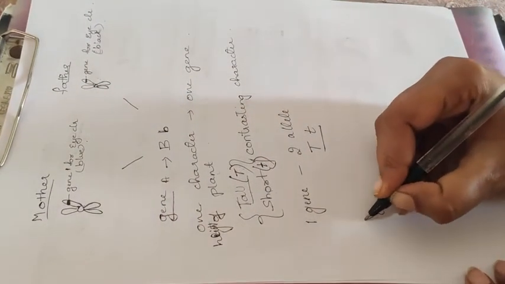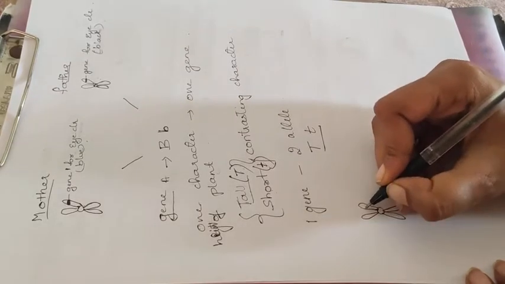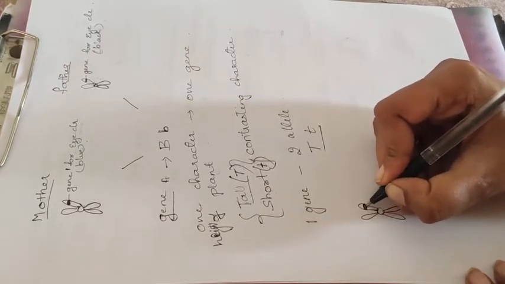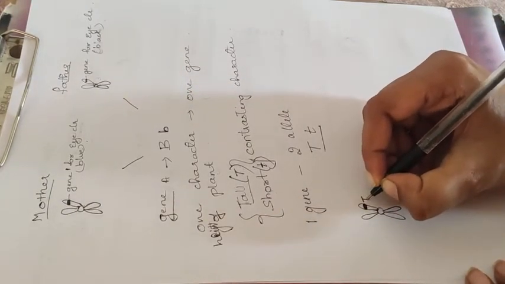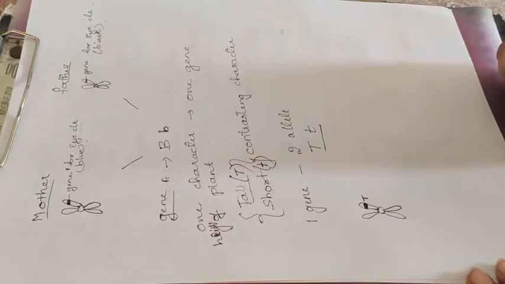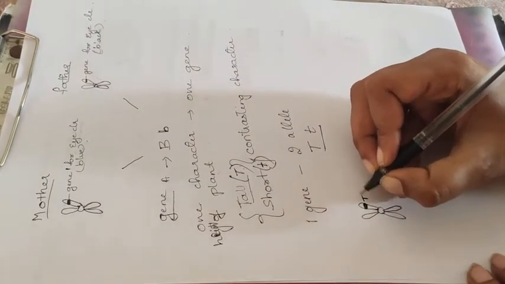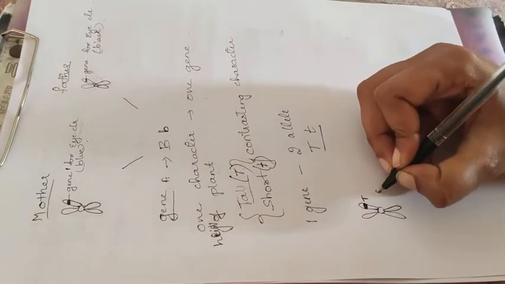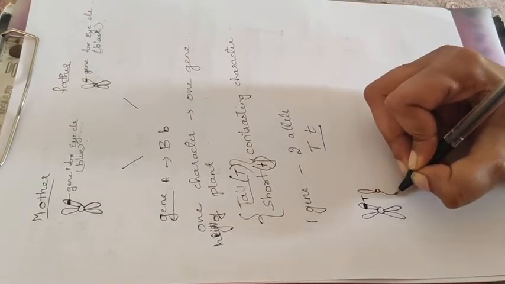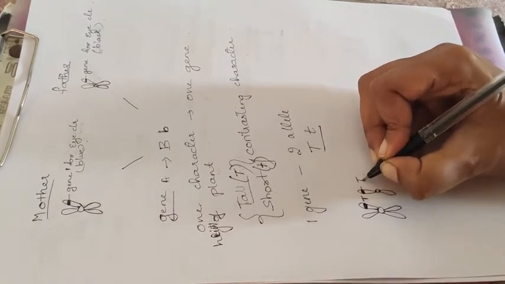See here, there is one chromosome. Suppose this is a gene here. It is showing the one allele, that is capital T. On the other side, here it is having a gene which is showing capital T only.